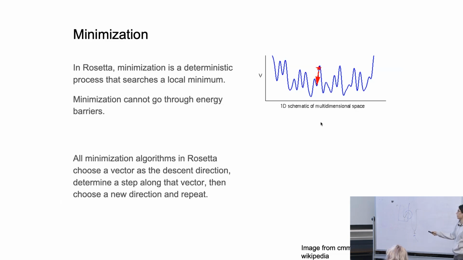And you determine a step along the descent direction, and then choose to basically either repeat. We're going to talk about exactly what parameters go with this type of search so that you're guaranteed to go from state 1 and search, and then minimize to state 2.